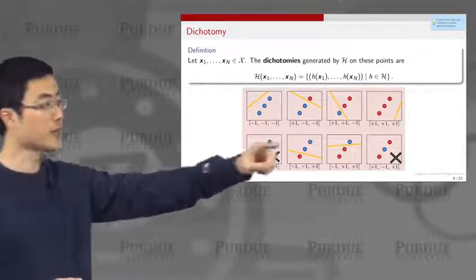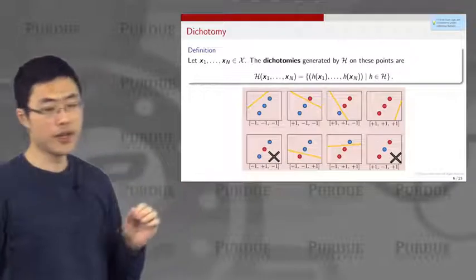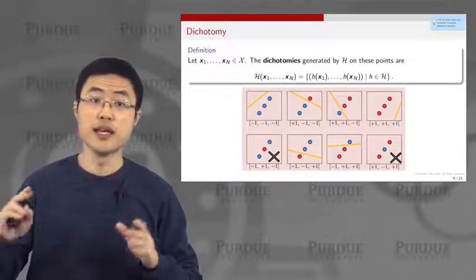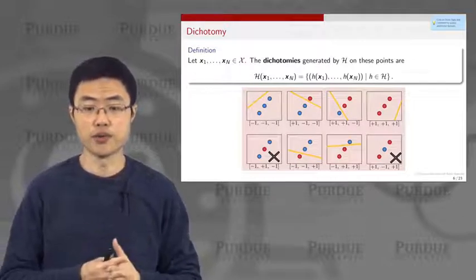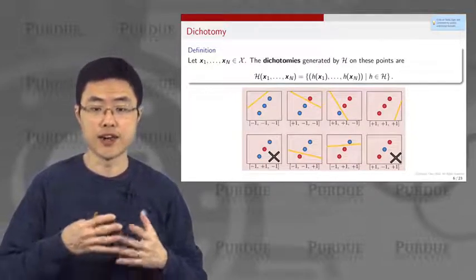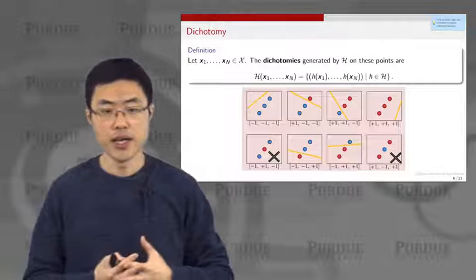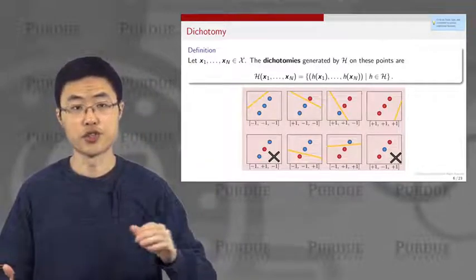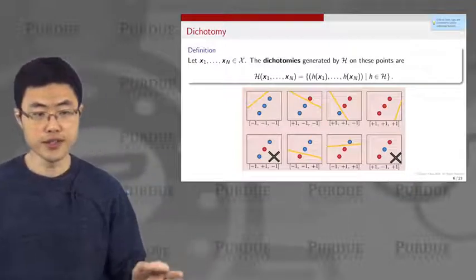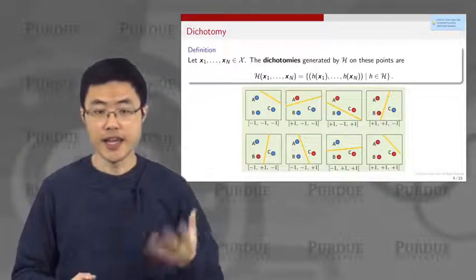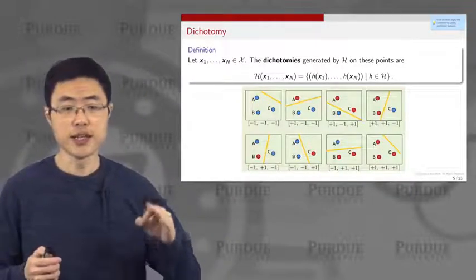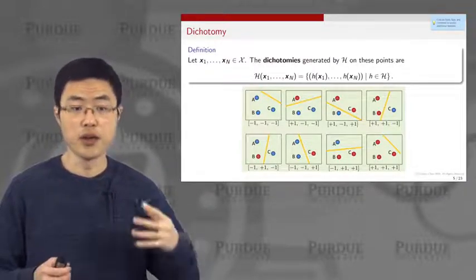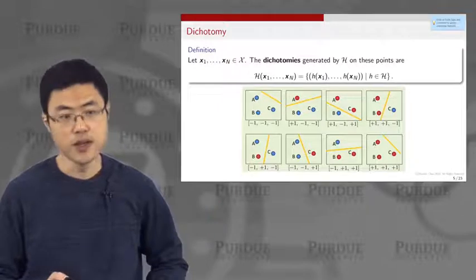Same for the last example there, where you have 3 dots, which is a +1, -1, and +1. In this case, you are also not able to draw one single line and classify them into 2 halves. And therefore, in this case, the number of dichotomies is just 6, compared to the previous slide where you have 8 dichotomies. So you can see that the number of dichotomies really depends on the configuration of the data points.